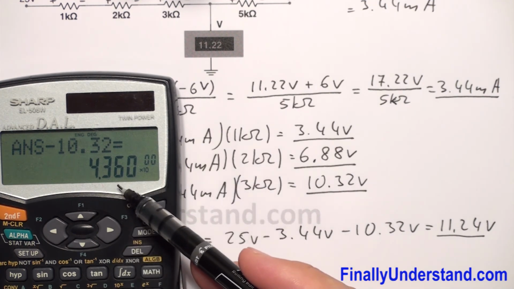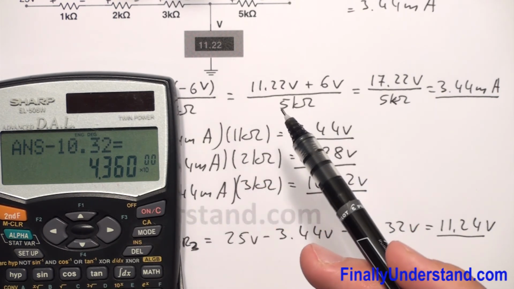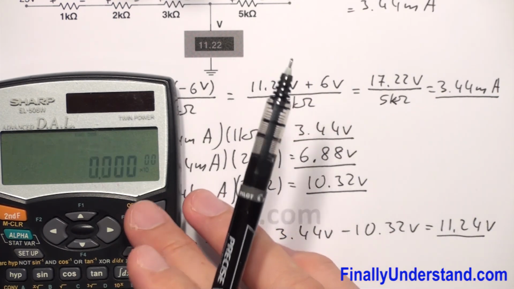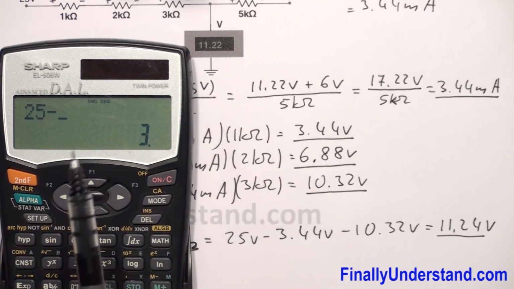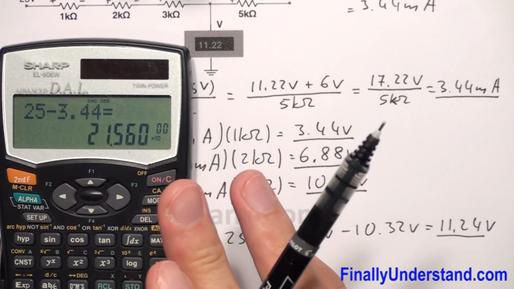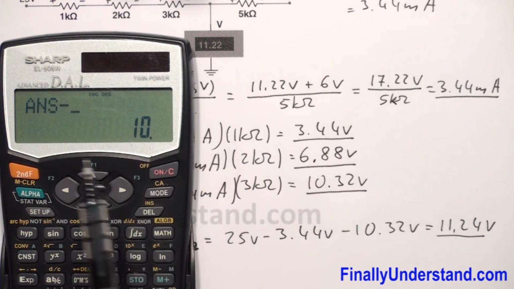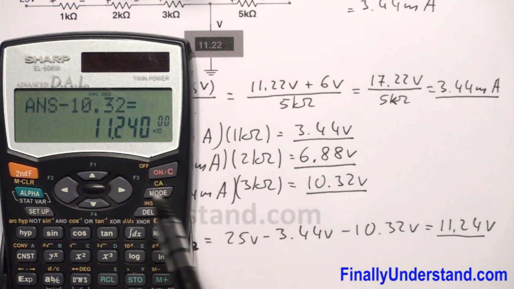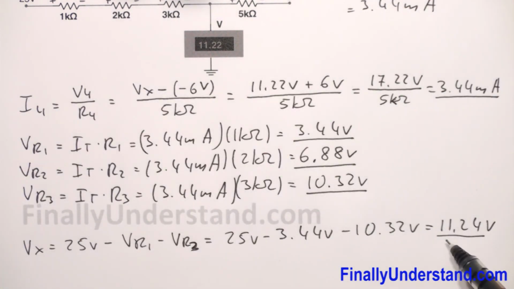The voltage over here is much lower than this one, so it means we subtracted too much. But if from 25 you subtract 3.44, which looks kind of okay, and minus 10.32, you will get 11.24. This is basically what I got over here.